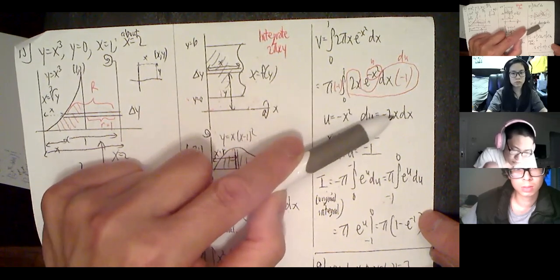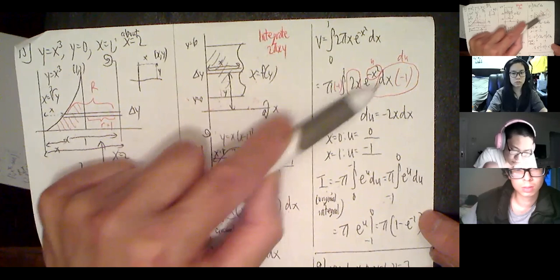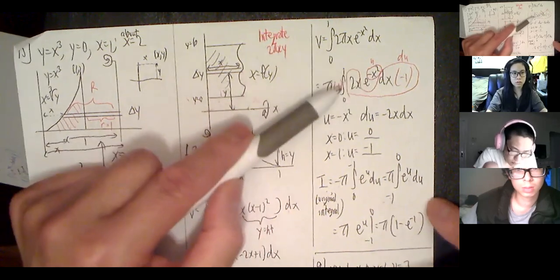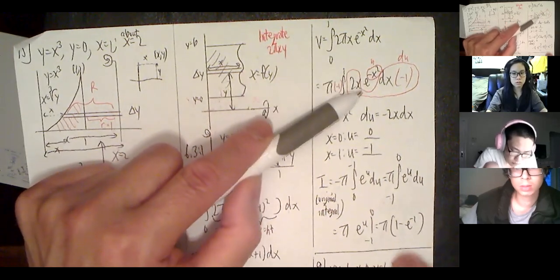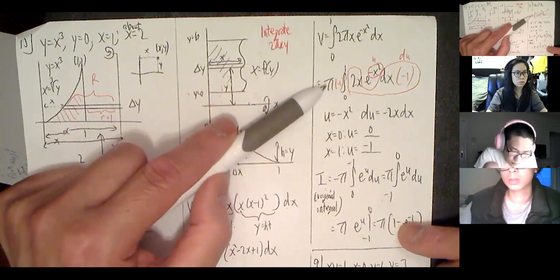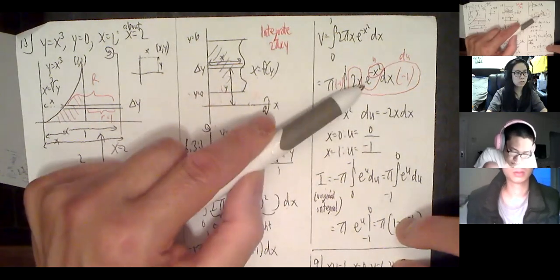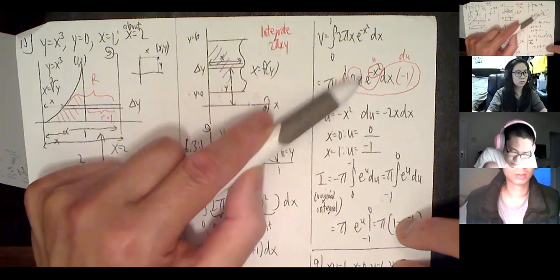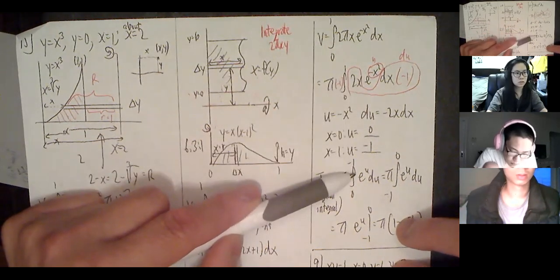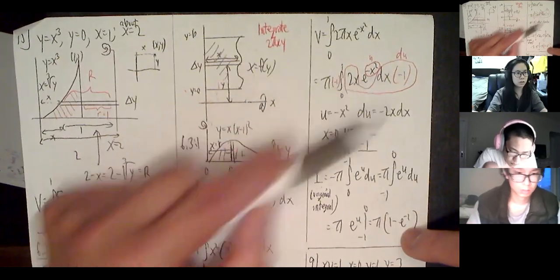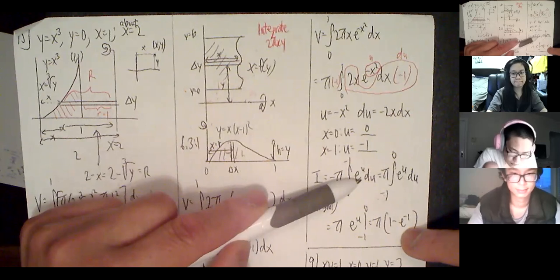I will erase all of that and change it to du. So that means instead of having this messy thing, outside I will have a pi times a negative 1. Instead of e to this mess, I'll only have e to the u. Instead of 2x dx times negative 1, I just have du, much easier integral.